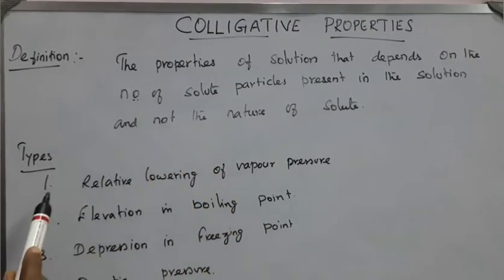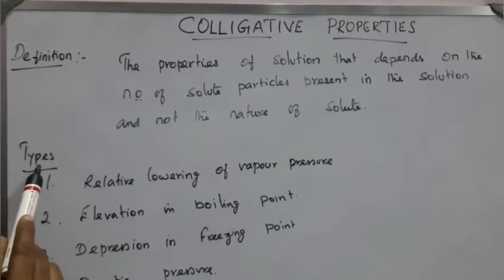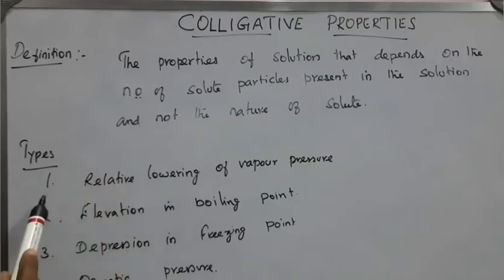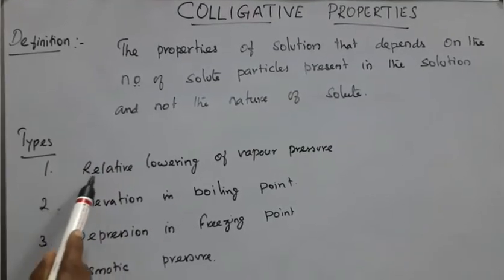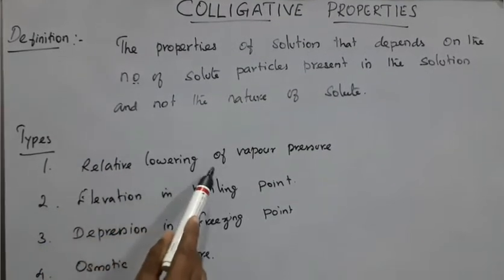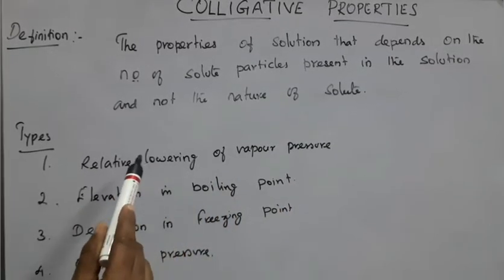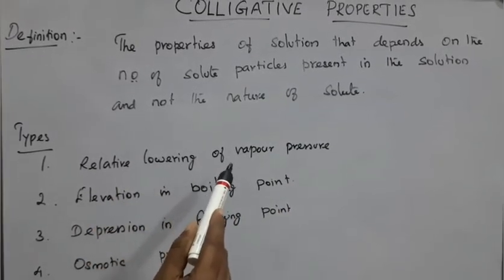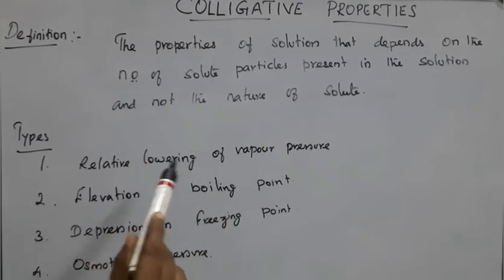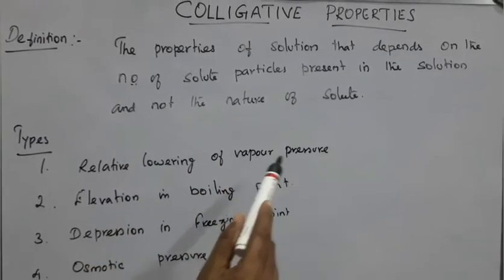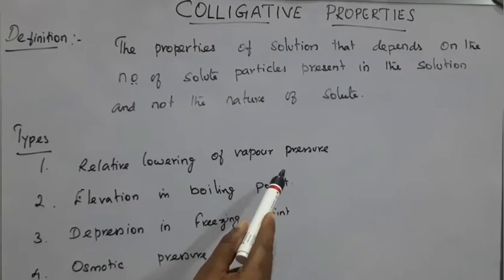Okay, right. So here are a few examples of colligative properties. The first type is relative lowering of vapor pressure, which means we can reduce the vapor pressure of the liquid by adding a small amount of solute to the solution.